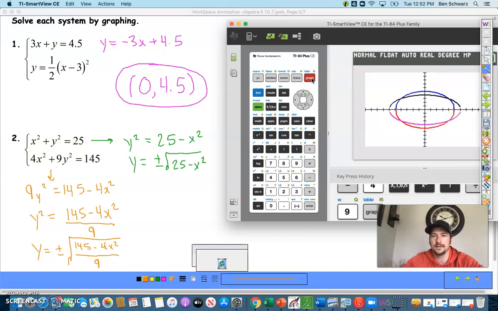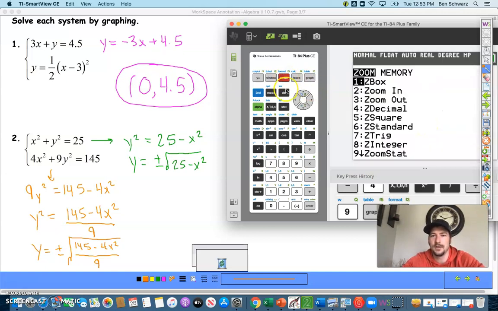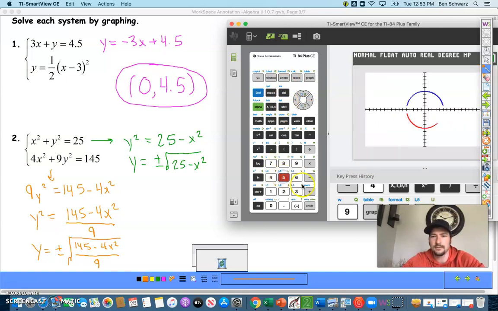Okay, it looks like we got, well, let's see, 1, 2, 3, 4, 1, 2, 3, 4. So it looks like 2 ellipses, I believe, if I'm counting right. Actually, no, circle and ellipse technically. Remember, it's not in the square. If you want to make it a square again, hit zoom 5.